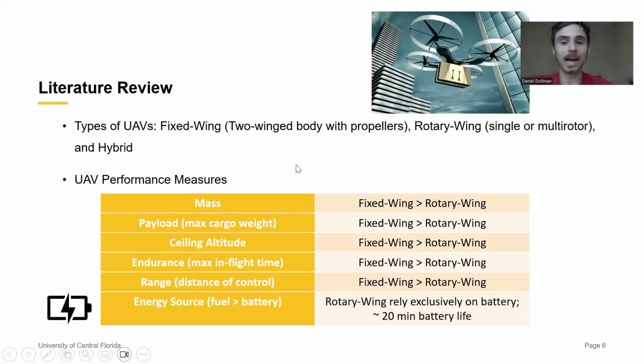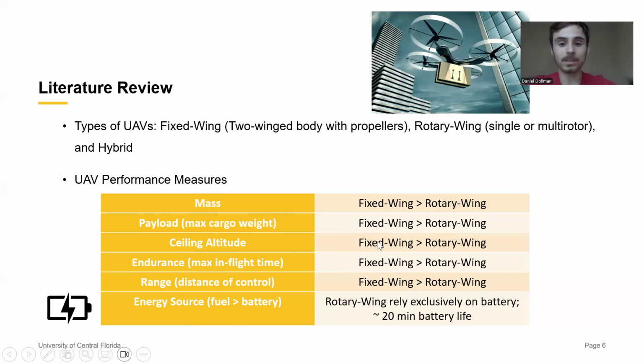Then we have ceiling altitude, which is how high the UAV can fly. Then we have endurance, which is how long the UAV can remain in flight before it has to be grounded. Then we have range, which is how far the UAV may fly before you lose control of it. And then we have energy source. It can either be fuel or battery.